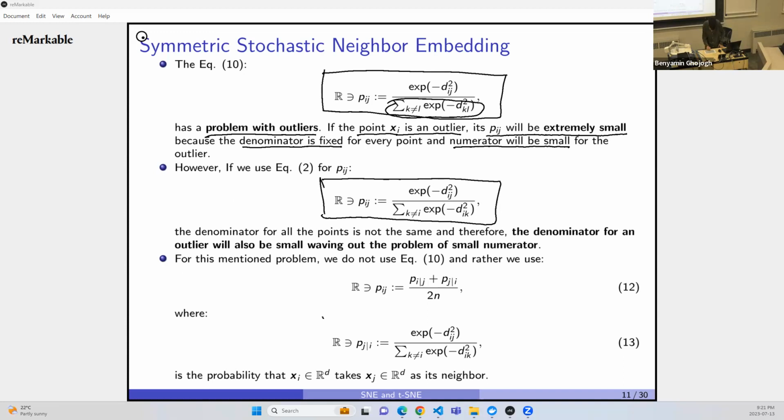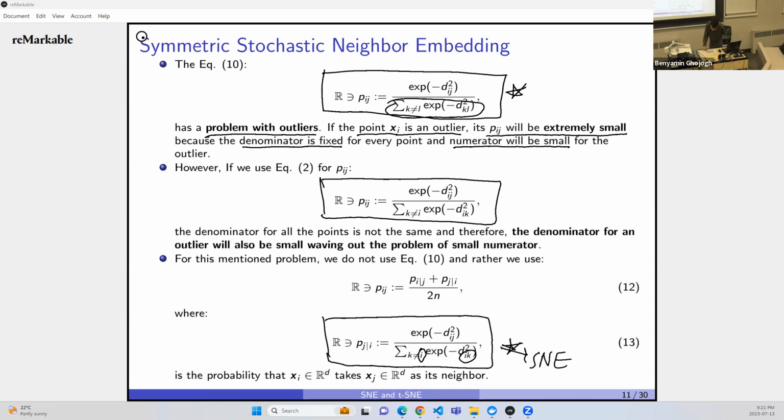They said, okay, let this be Pj given i. This equation, I name it Pj given i. I also calculate Pi given j. Sorry, this is what we had in SNE. Okay, so it has i in it.